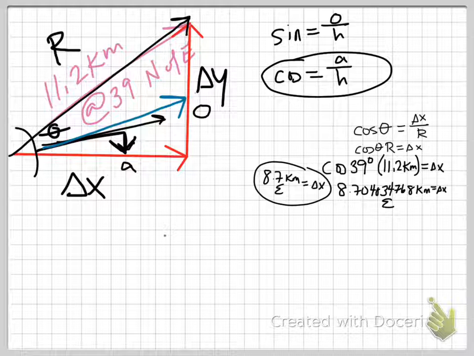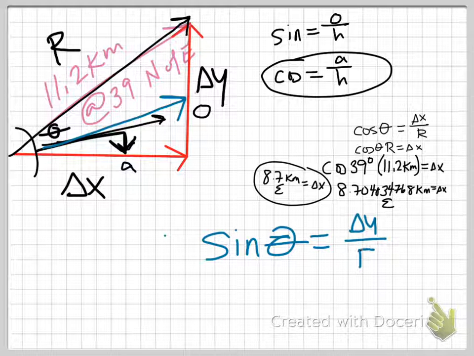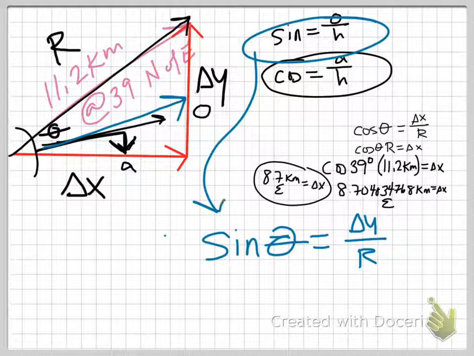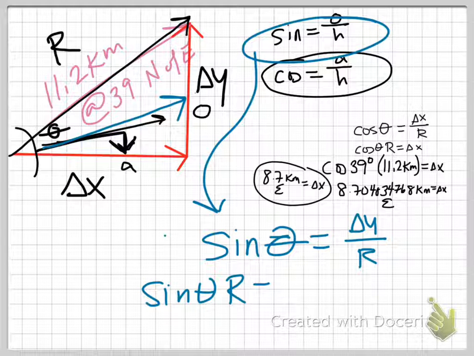So I know that my y displacement is opposite the angle that I'm describing. So I'm going to go ahead and write, I know I'm going to use sine. So the sine of theta is going to be equal to my opposite, delta y, over my resultant, which is my hypotenuse. So therefore, sine theta times r will give me my delta y.